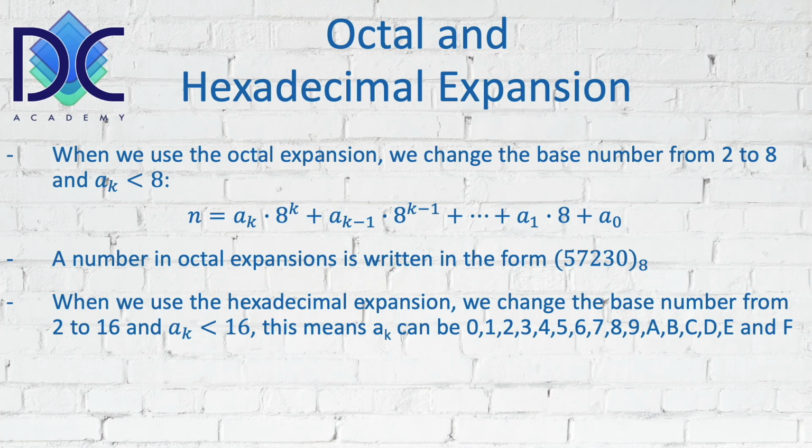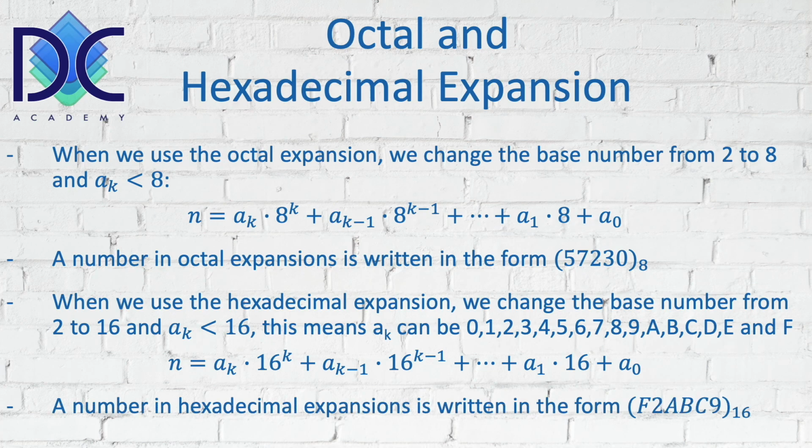We will put there A, B, C, D, E, and F. So F is the 16th number and represents in fact 15. When we have this as a general formula, we can see, for example, that the hexadecimal expansion is written in the form F2ABC9 index 16 to clarify that we have the hexadecimal expansion.